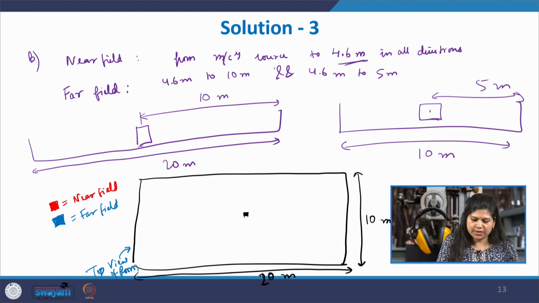Now, let us draw the near field and the far field. Up to 4.6 meters roughly, so let us draw a square with 4.6 meters everywhere.